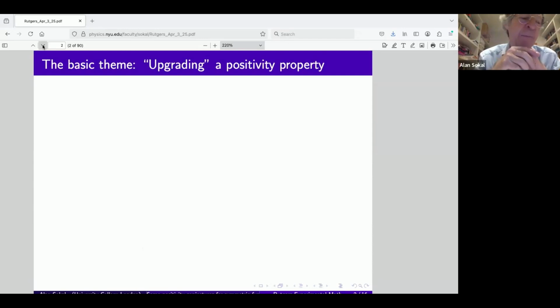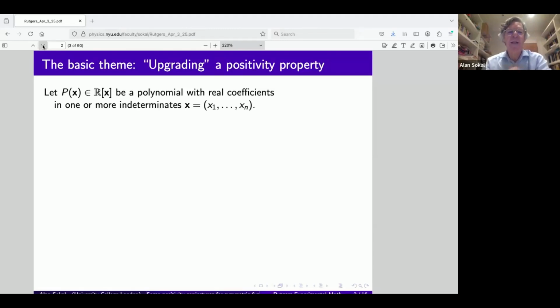The basic theme is something that I've been obsessed with in a different but related context for, I guess, about the last 12 years. It's upgrading a positivity property in the following sense. Let's say you have a polynomial with real coefficients in one or more indeterminates.